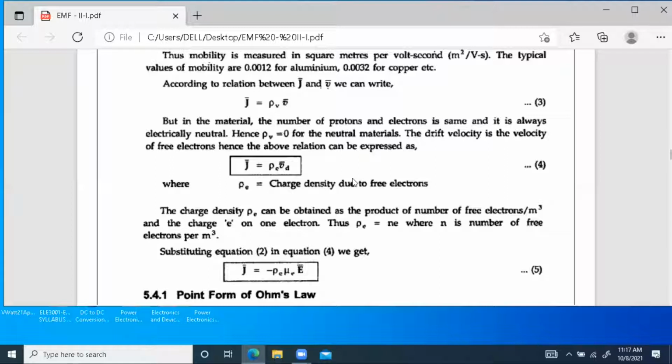Or the mobility of gold, the mobility of platinum. I think gold still has a higher mobility, but you can check it out.